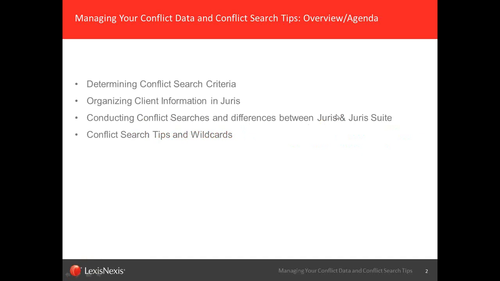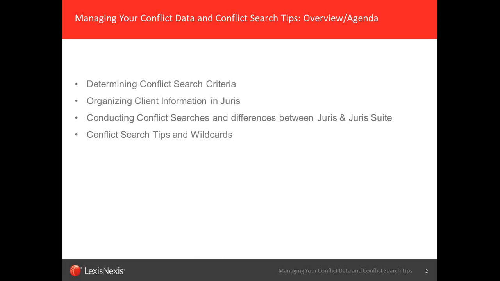We're going to give just a little brief overview of what we're going to cover today. The first part, we're going to talk about determining what your conflict search criteria is going to be. Then we're going to talk about how to organize the information in Juris. Then we'll talk about how to conduct different conflict searches, and also the differences between Juris and Juris Suite.